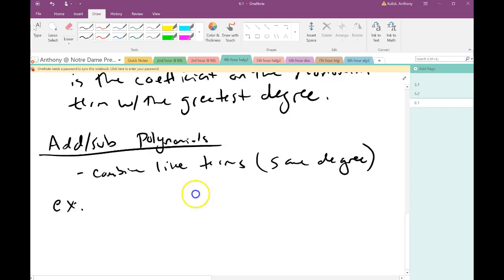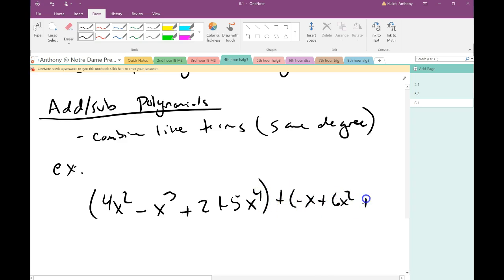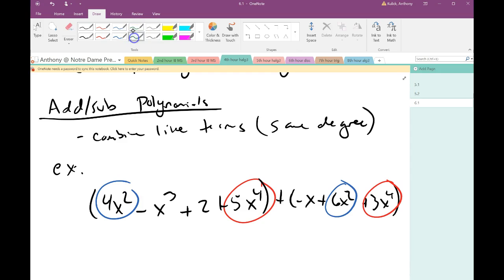So, for example, if I did 4x squared minus x cubed plus 2 plus 5x to the fourth plus negative x plus 6x squared plus 3x to the fourth, the things that I would add together are like terms. These are both fourths. These are both squareds.